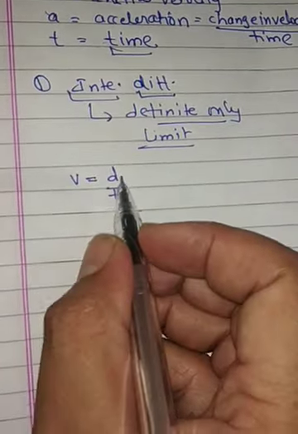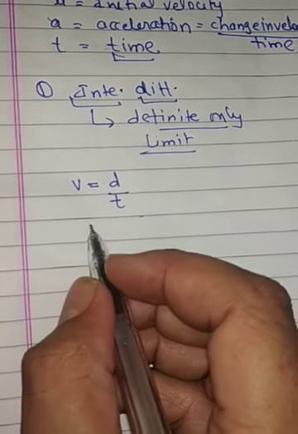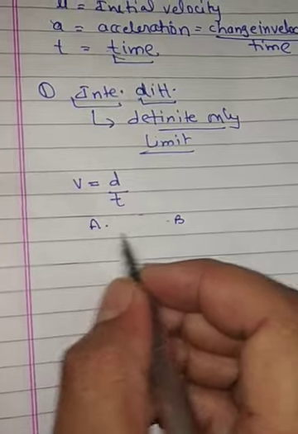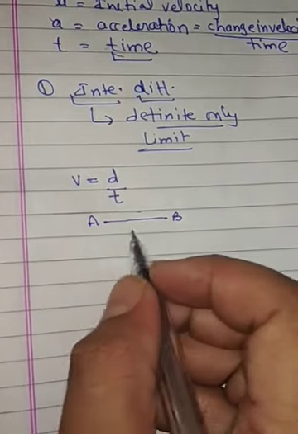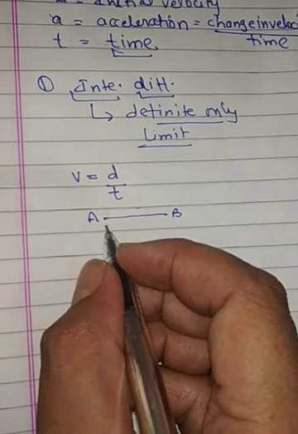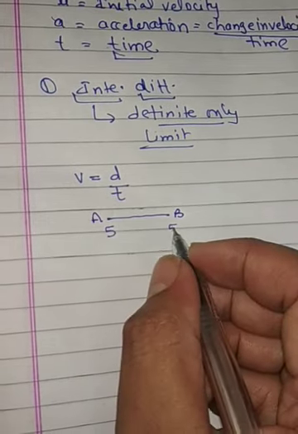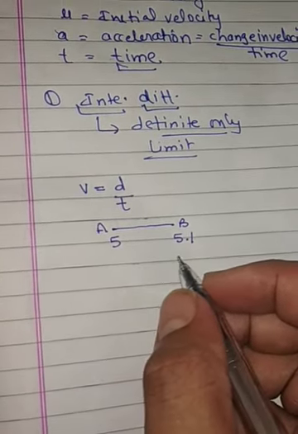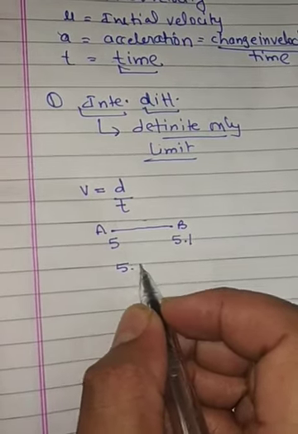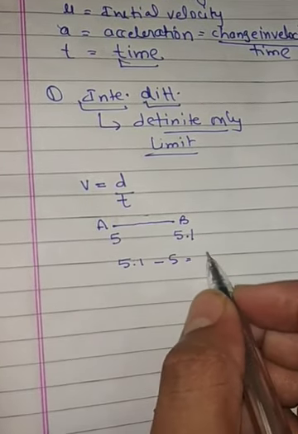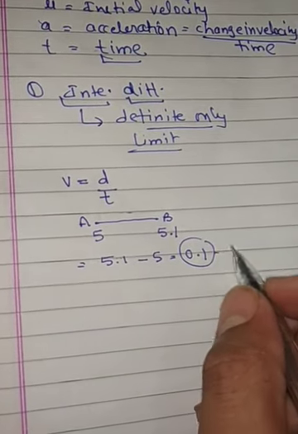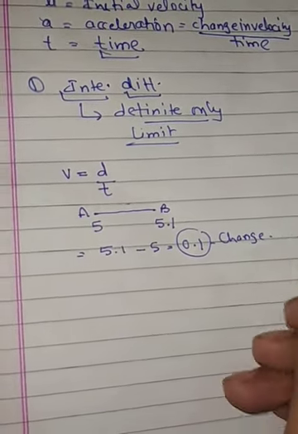But if we have 2 points, number one is A, second point is B. Say this point is 5 and this point is 5.1. So the change is 5.1 minus 5, we get 0.1. So this will be the change in displacement.